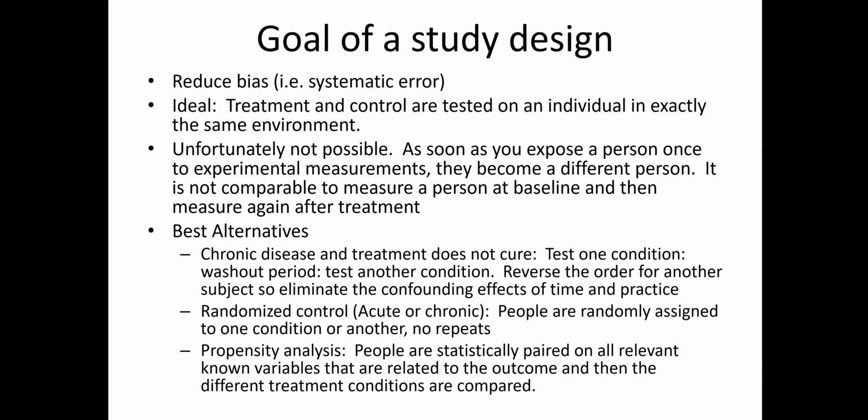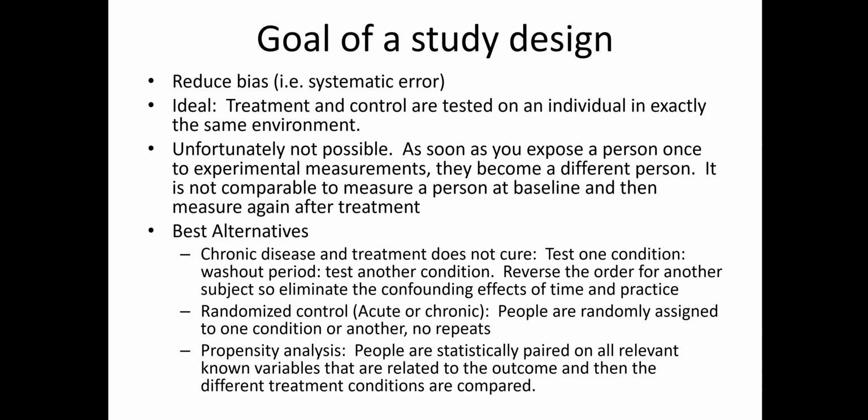You'll see some study designs where they measure a person before they give any treatments, and then they give the treatment, and then they look to see if there's a change. The idea is you use the person as their own control. This is a terrible design.